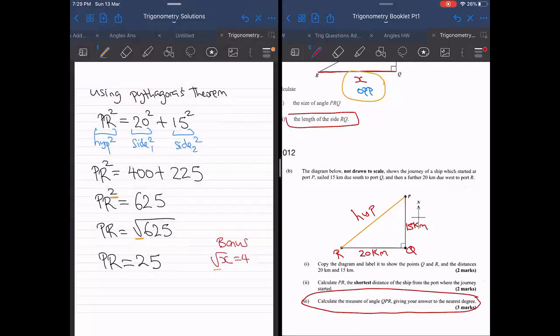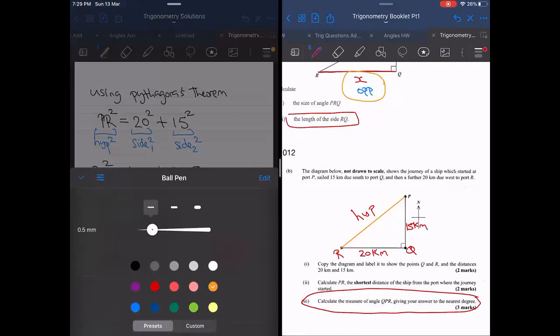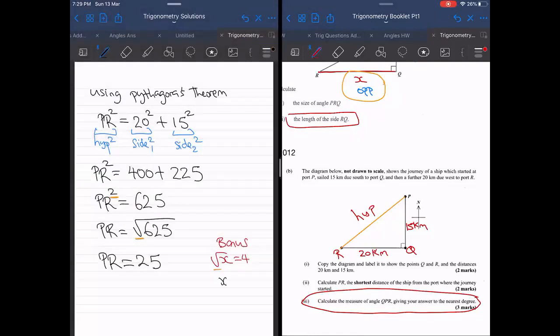In order to get rid of the square root, I have to square the other side. So the opposite of square is square root, and the opposite of the square root is the square. For all those who didn't know, we know now.